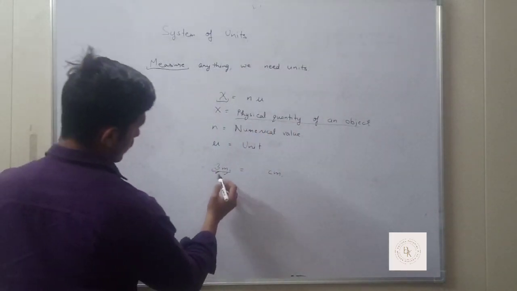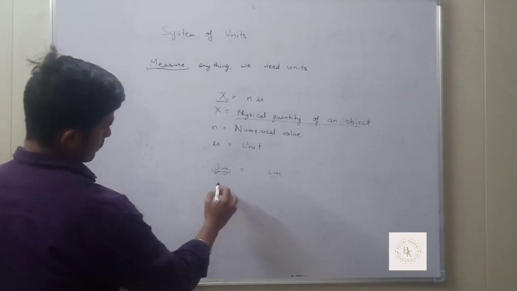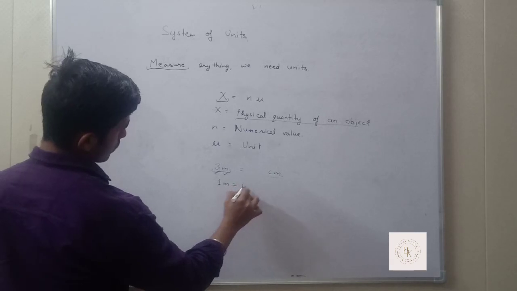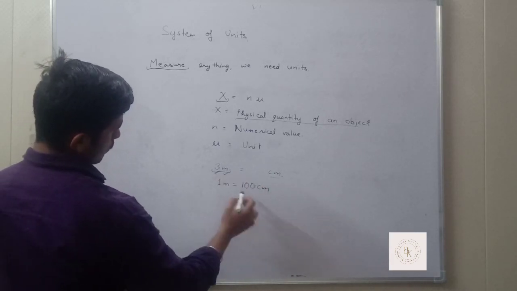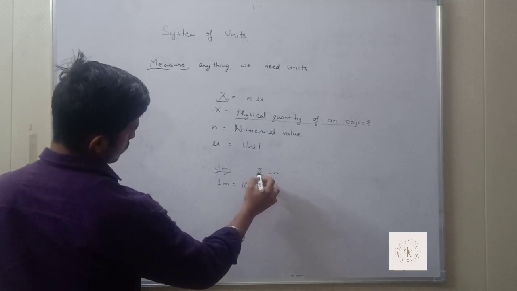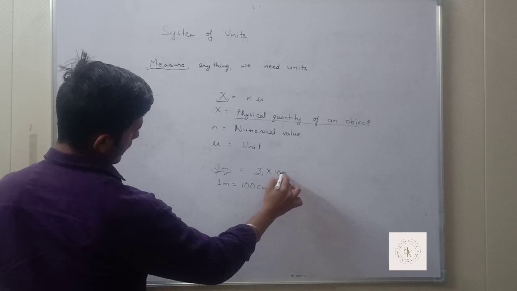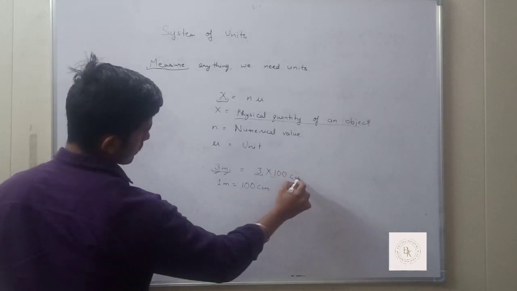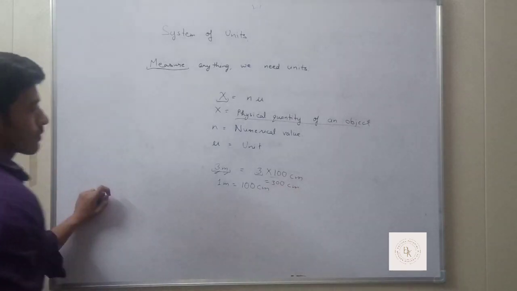So if I convert this 3 meter into centimeter, I know 1 meter equals 100 centimeter, so I put the numerical value as 3, and in place of 1 meter I put 100 centimeter, and it gets converted to 300 centimeter.